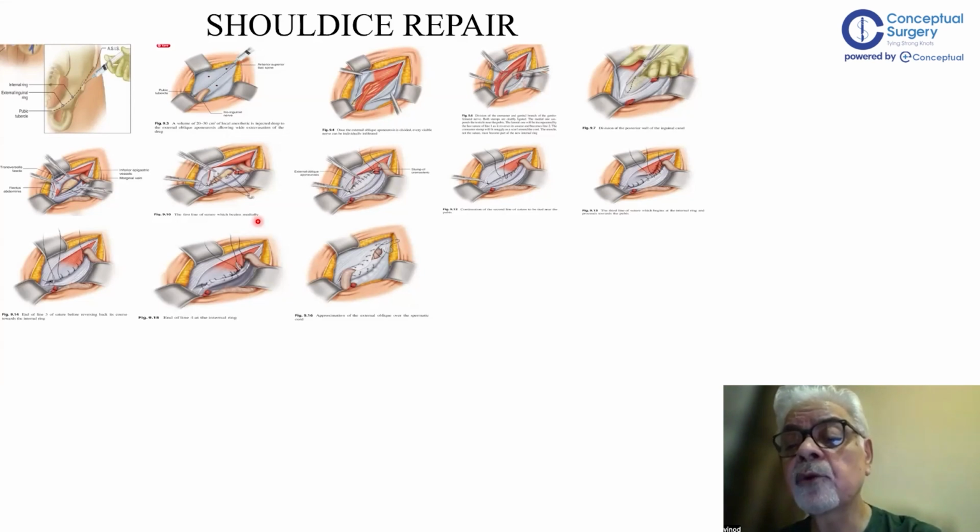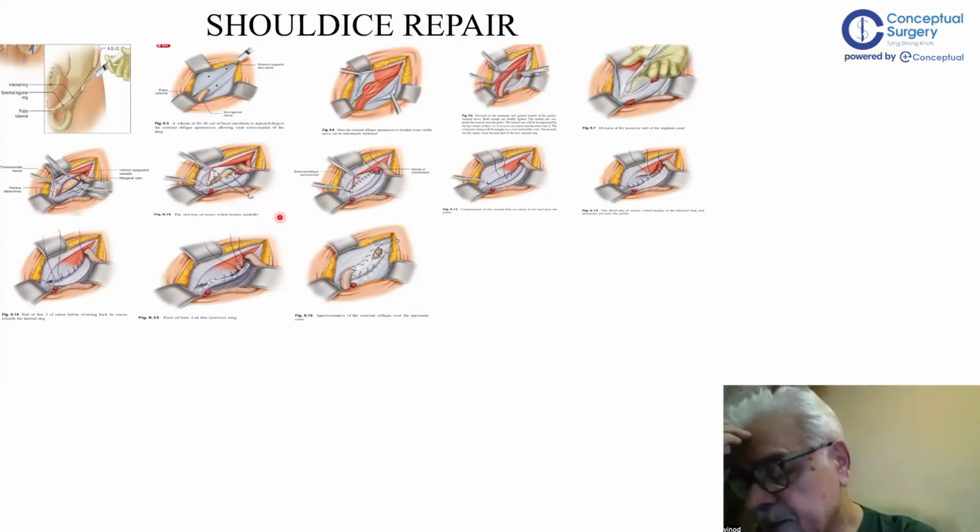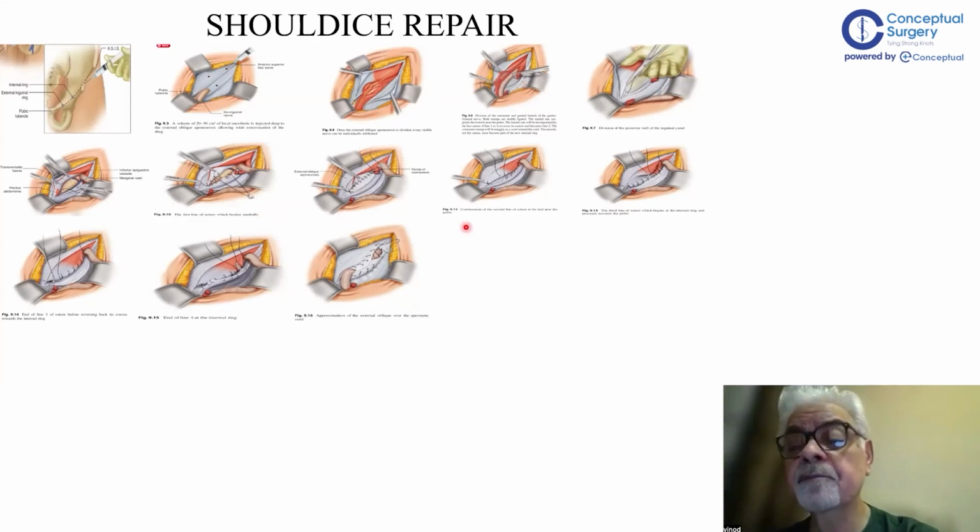So here you are doing repair at three different levels. In the transversalis fascia, you have excised that portion which has become attenuated. Then you do a double breasting if it's possible. Otherwise, you do a closure with regular suturing.